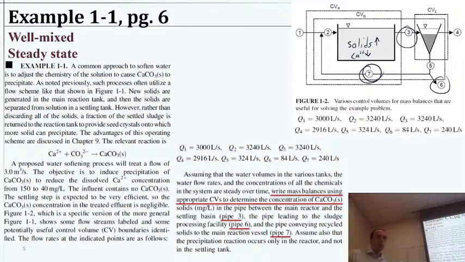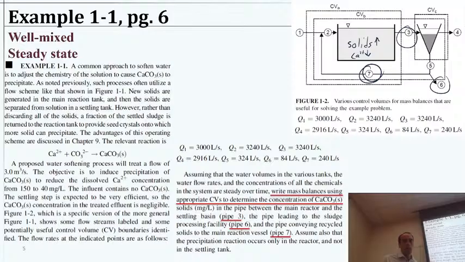Okay, a proposed water softening process will treat a flow of 3 cubic meters per second. The objective is to induce precipitation of these solids to reduce dissolved calcium from a concentration of 150 milligrams per liter to 40. The influent contains no calcium carbonate solids. The settling step is expected to be very efficient, so we're settling essentially all of the solids.